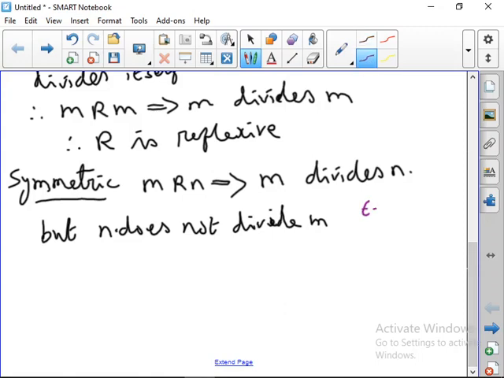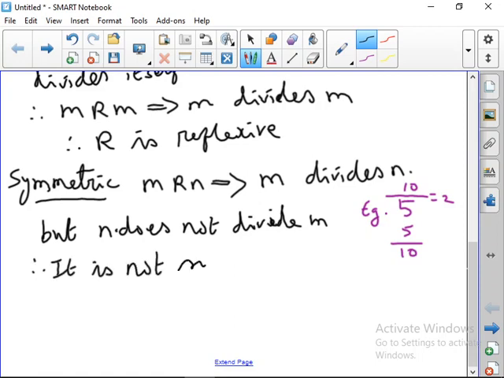See an example. What can we take? 5 divides 10, isn't it? 10 divided by 5 is equal to 2. But can we divide 5 by 10? No. Therefore, it is not symmetric.